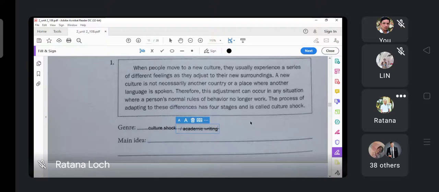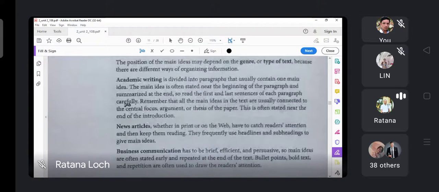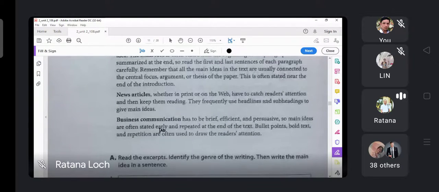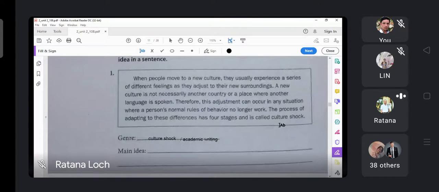So type of text: if you are not sure about whether or not it is academic writing or news article or business communication, then you just put here that this paragraph is talking about culture shock. So you understand the word culture shock, right?